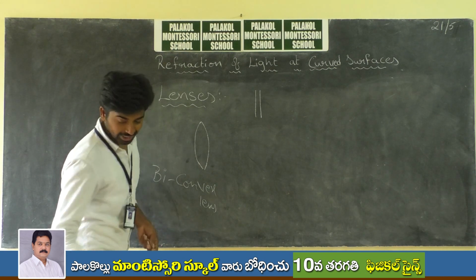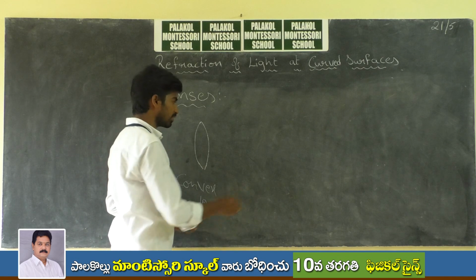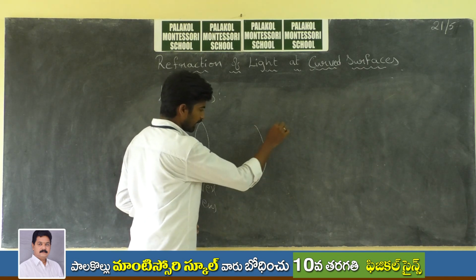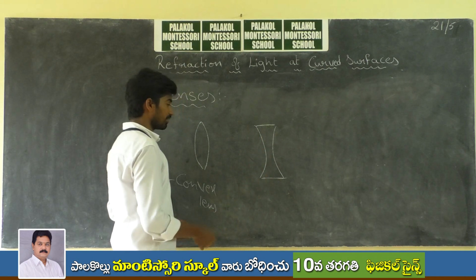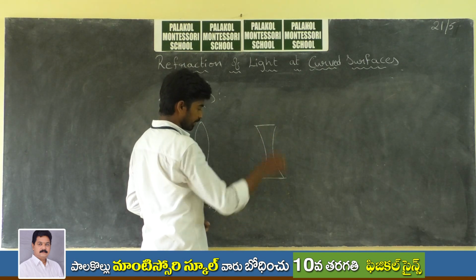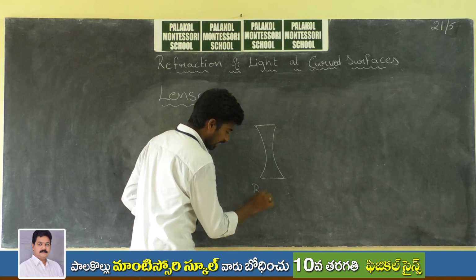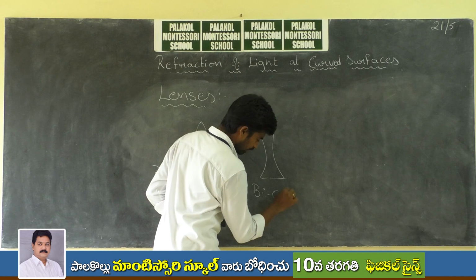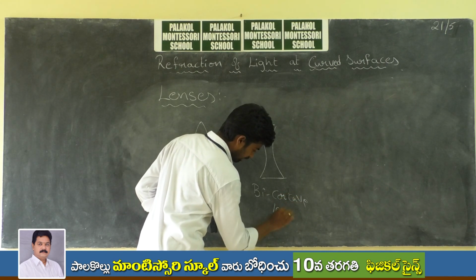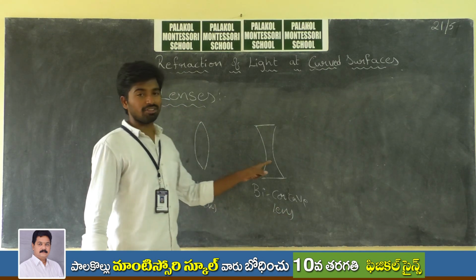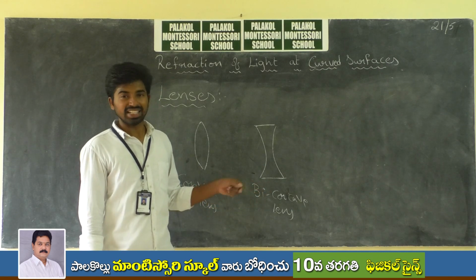Another type of lens is the biconcave lens. The two surfaces of the lens are concave surfaces. This lens is called a biconcave lens. The biconcave lens will have less thickness at the center when compared to its edges.